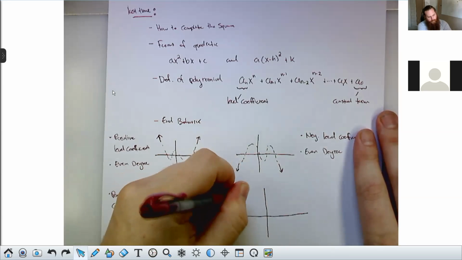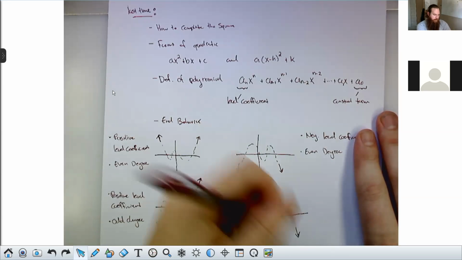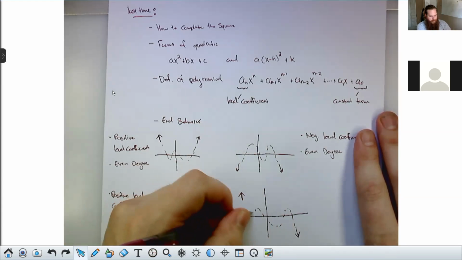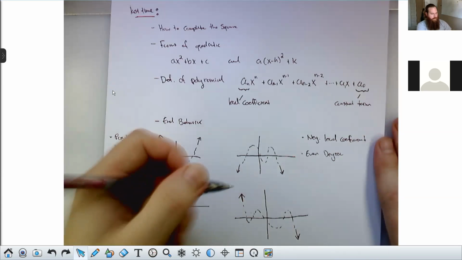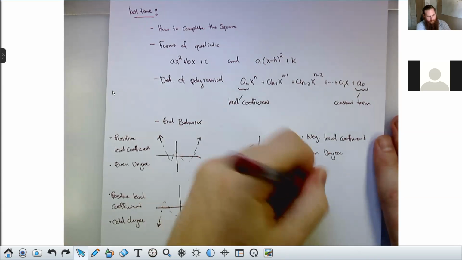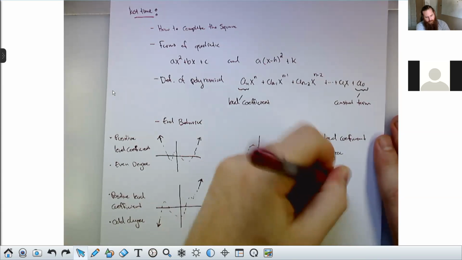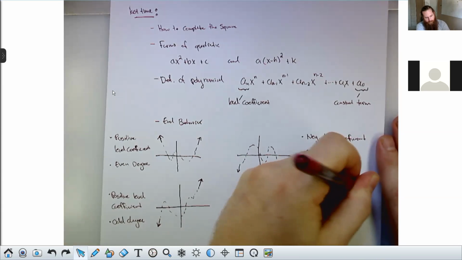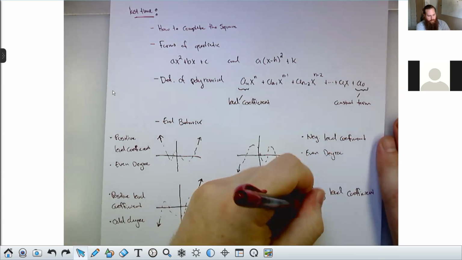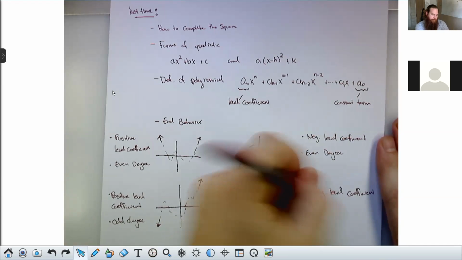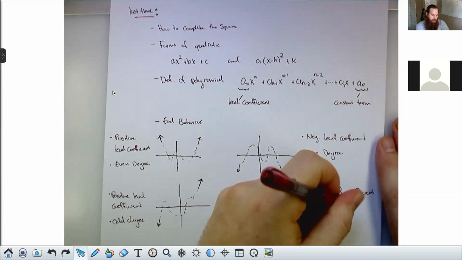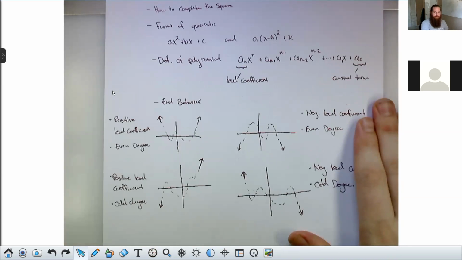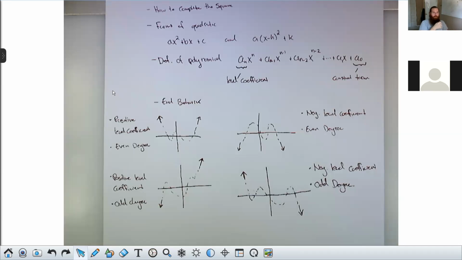And if you flip that picture over, then that is a negative lead coefficient and odd degree. And we had the goes-to notation. So I want to work a few specific examples today.